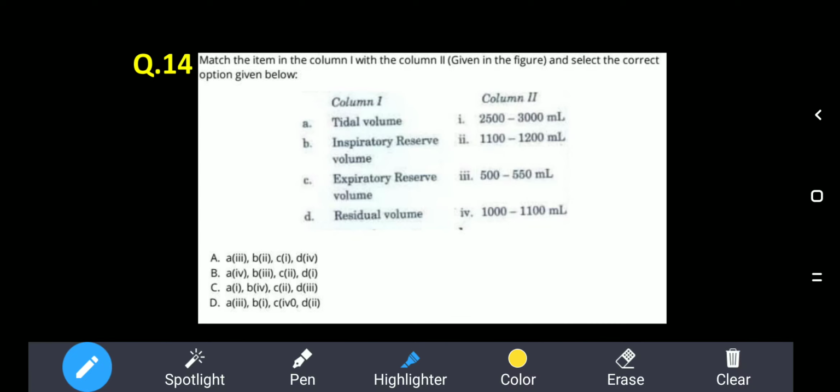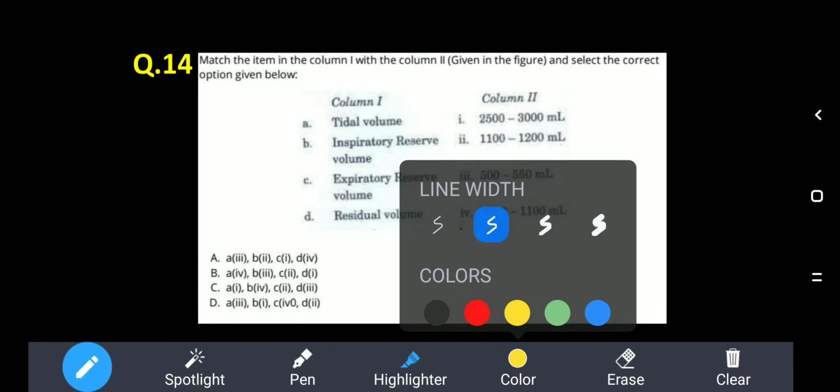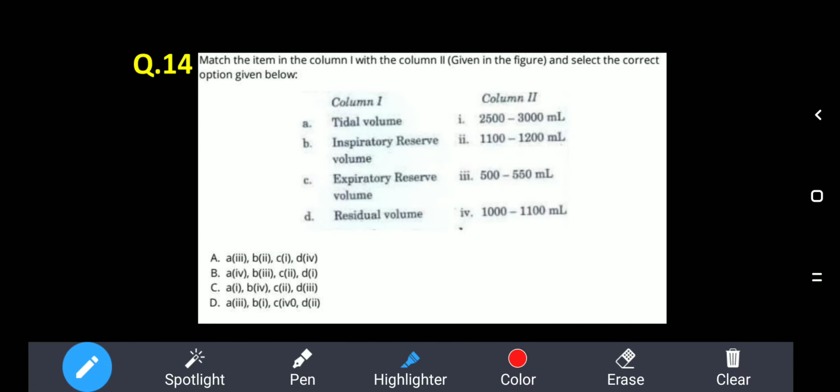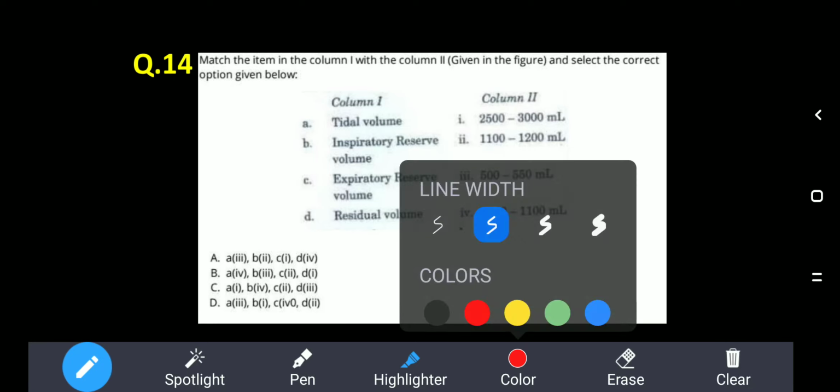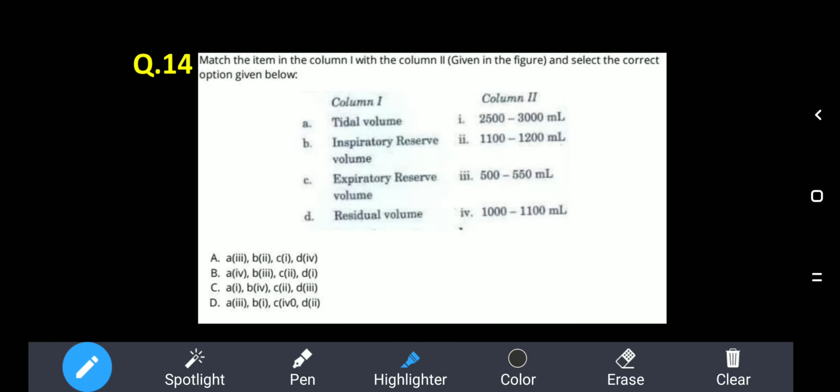So first of all, we need to understand the terms, and simultaneously we are going to look at the measurements as well. So first of all, people, what is tidal volume? Tidal volume is the volume of air inspired or expired during a normal respiration.